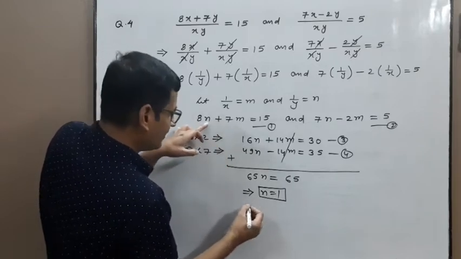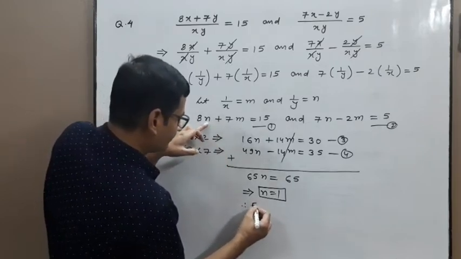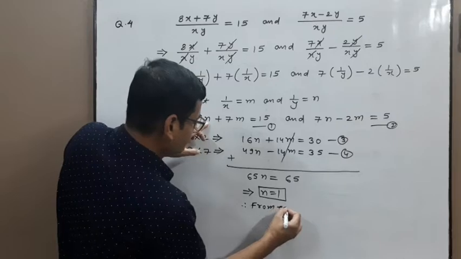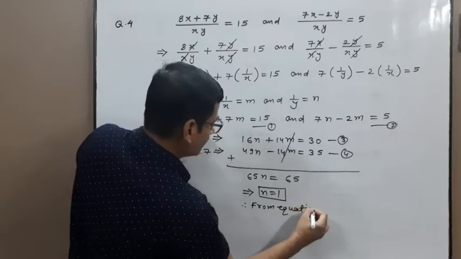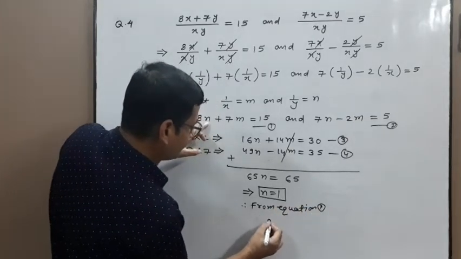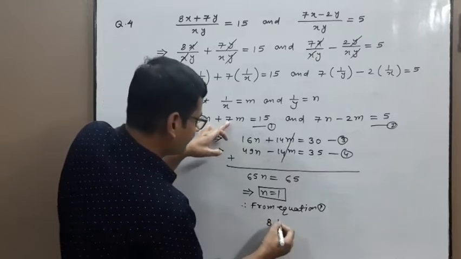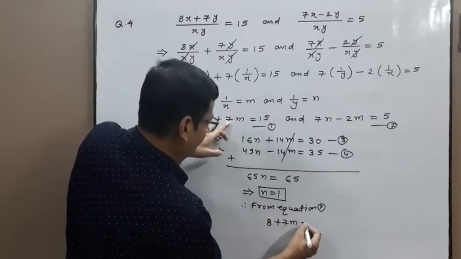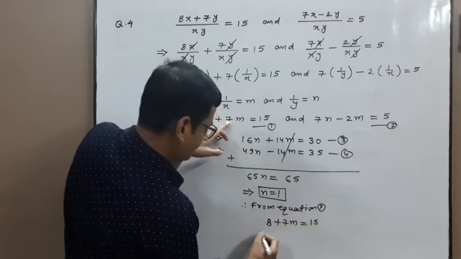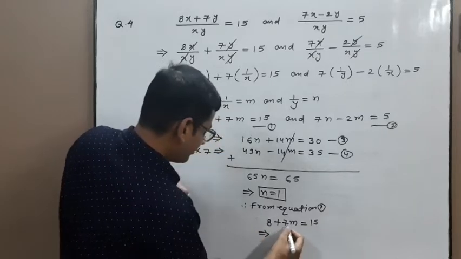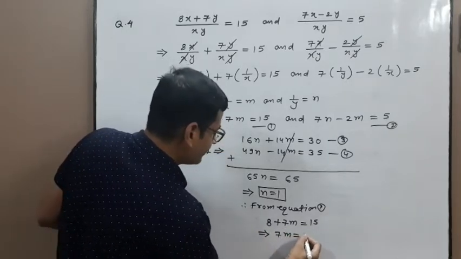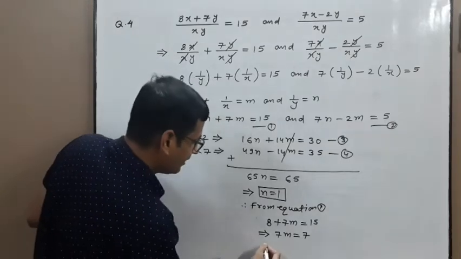So 8 into 1, 8 plus 7m is equal to 15. So 7m is equal to 7. So m equal to 1.